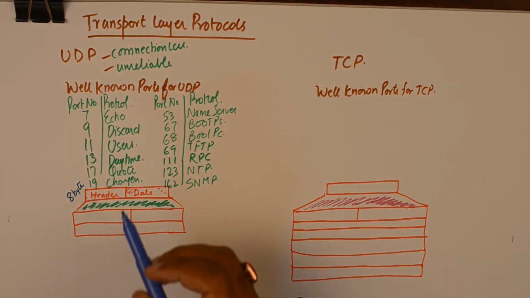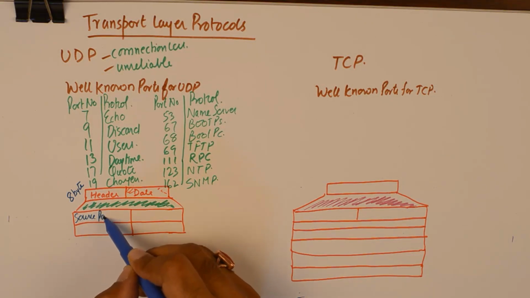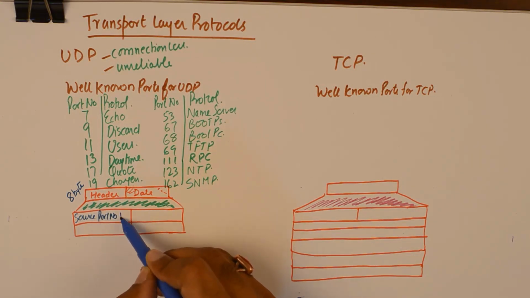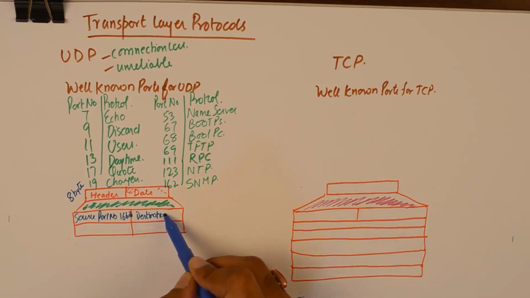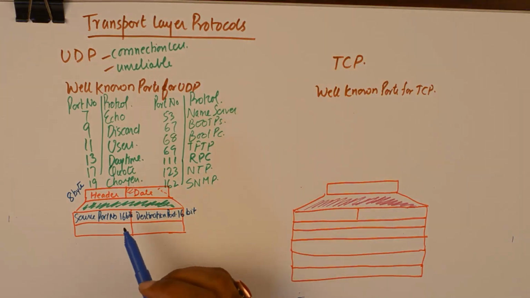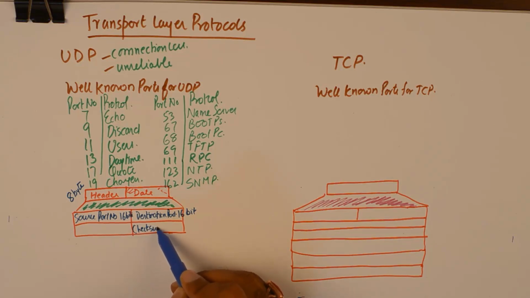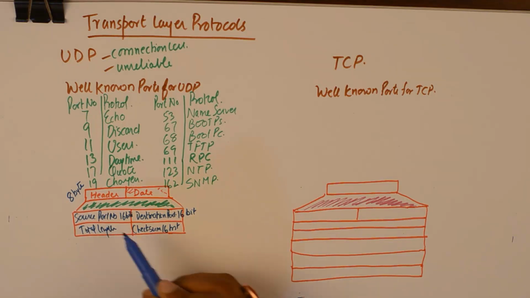because source port number is attached, which is 16 bits. Then destination port number is attached, which is also 16 bits. And then we have checksum, which is 16 bits, and total length refers to the length of the data that we are sending.